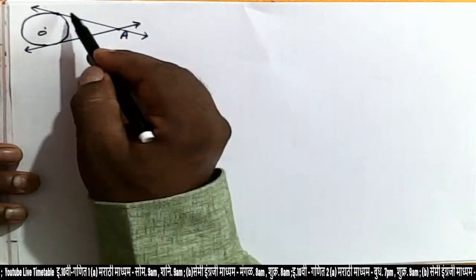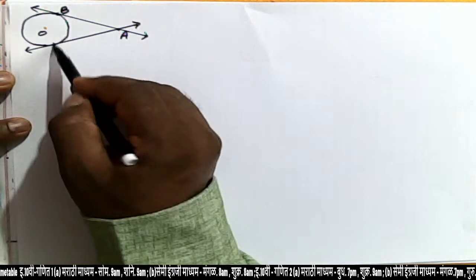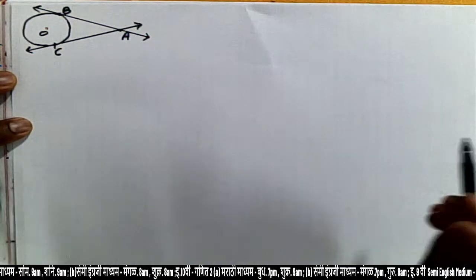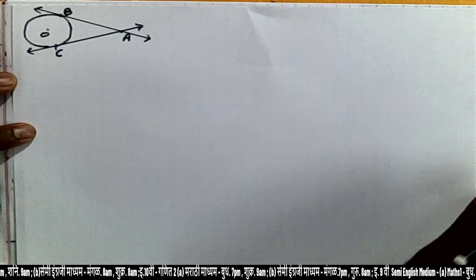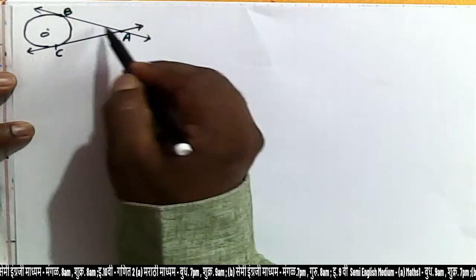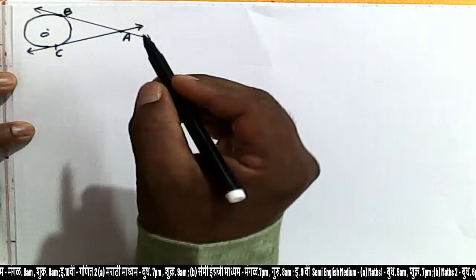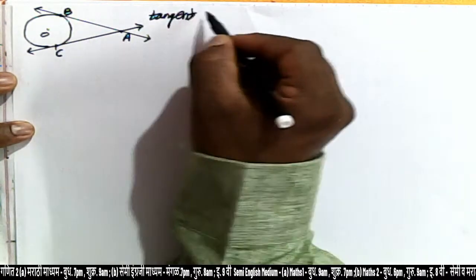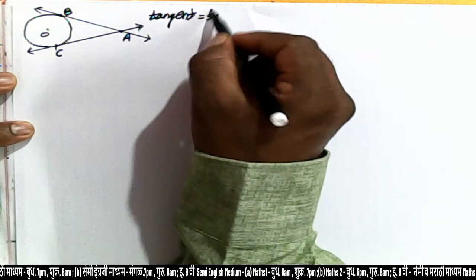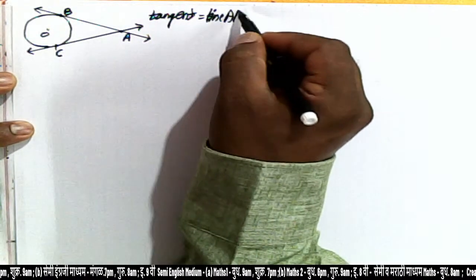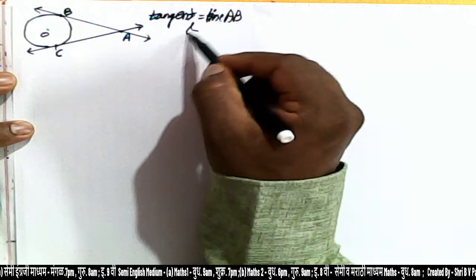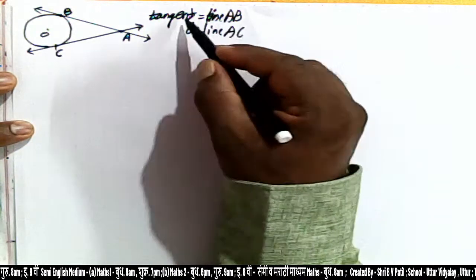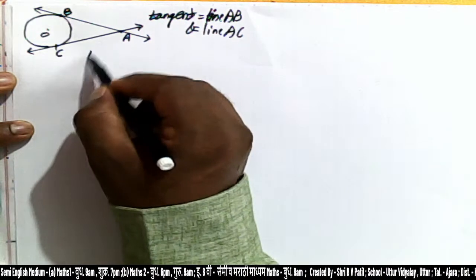Suppose the points of contact are B and C. Then the tangents are line AB and line AC.